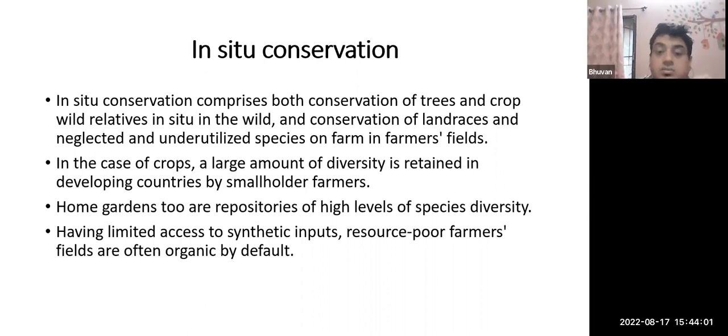The resource poor farmers are organic by default, because they have very little money. So they use farmyard manure and organic pesticides for controlling pests. So they play a very major role in in situ conservation.